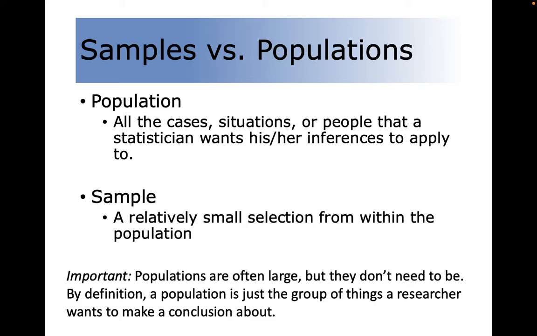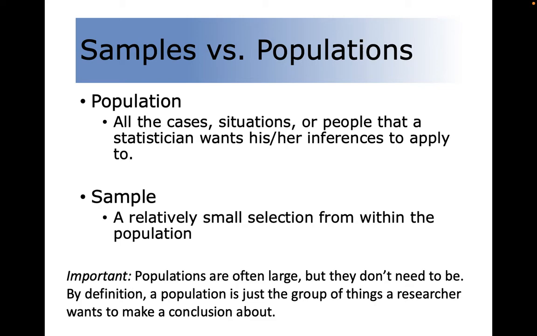There's no intention to make any inference or generalization beyond the 30 or 35 students that are currently in the class. In this case, the class of students that is only 30 students is the population because they're the entire set of things that the professor wants to make a conclusion about.